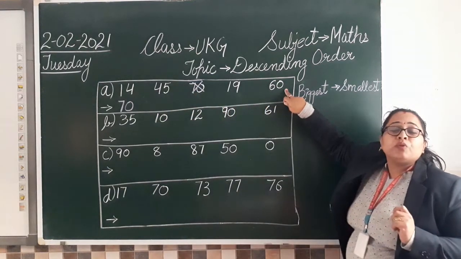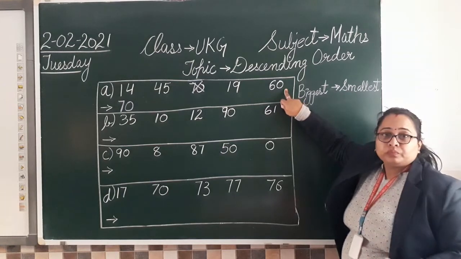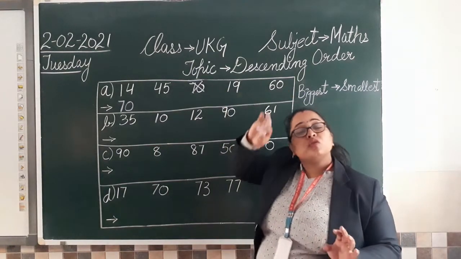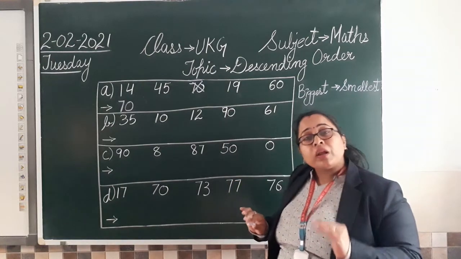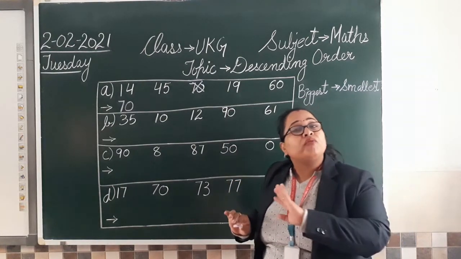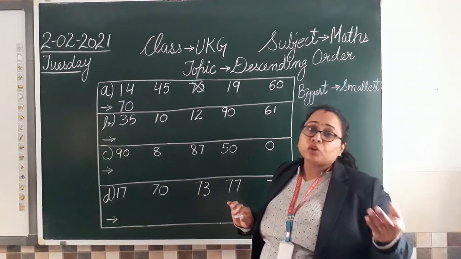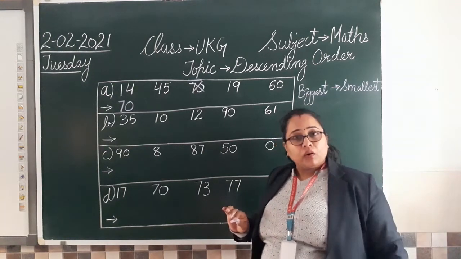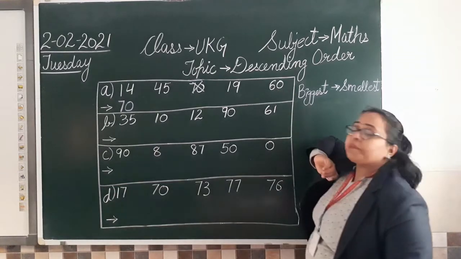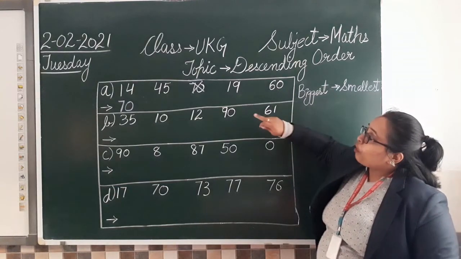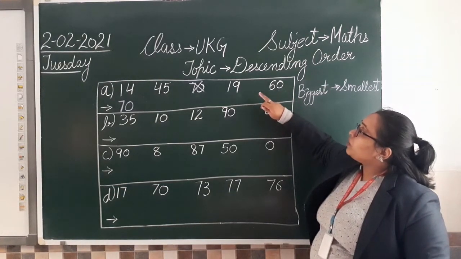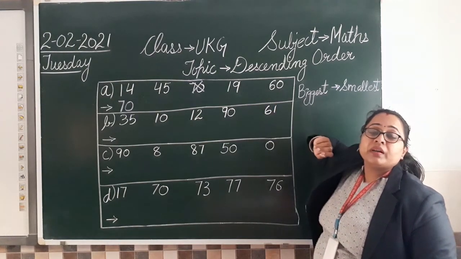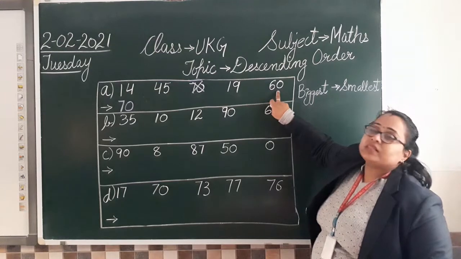Can you tell me which is the biggest now? देखो मैंने 70 रीड भी नहीं करा बिकॉज उसको हमने क्रॉस कर दिया. तो जो नंबर आप क्रॉस कर रहे हो you don't have to read also क्योंकि वो तो क्रॉस हो गया ना. क्रॉस का मतलब वो हट गया वहां से. Okay. So now tell me which is the biggest here. 14, 45, 19, 60. So the biggest number now will be 60, right?